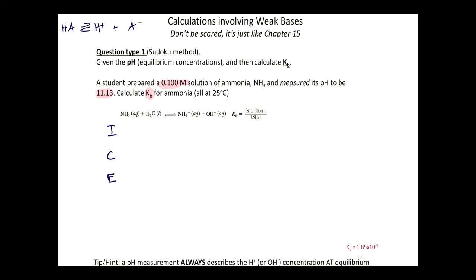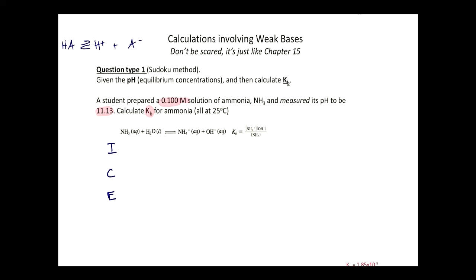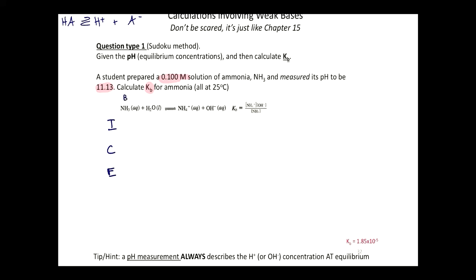We can also write a generic base equation where it's a little uglier, where you can call your weak base B, but the thing is you need a water molecule, and so that B weak base is still going to grab and steal a proton from water, making HB plus and hydroxide. So that's your generic Kb expression if you wanted to use that instead of the actual formula of the base that's there. So that'll always work for whatever base that you're working with, all right?